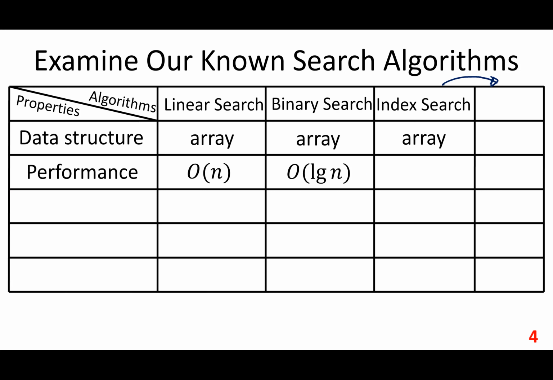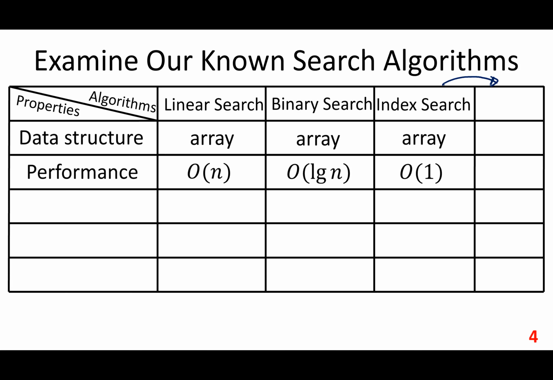Given the array and the index, can you find the element quickly? You just go to the right position and grab it. That's your item. That's simple. So it is big O of one. One action, and you find it.